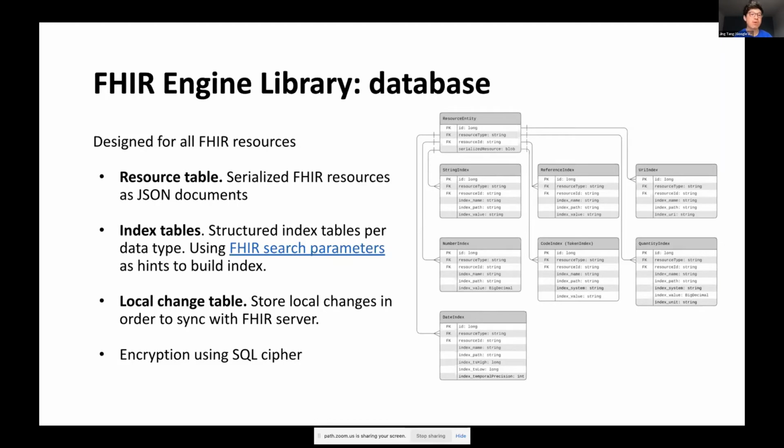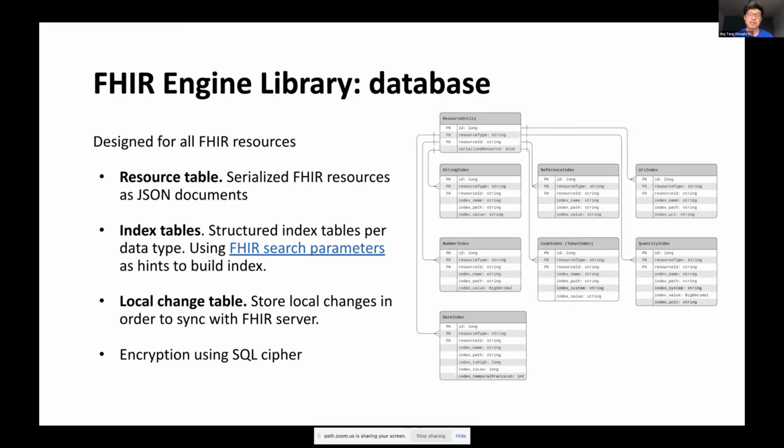So that's where we build the index tables to support any search. We have an index table per search type. So if you have, for example, a patient, you may want to search for patients by their first name or last name. In those cases, we would have the patient's first and last names stored as records in the index table.